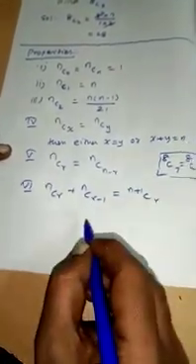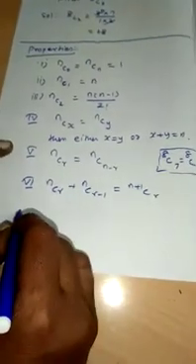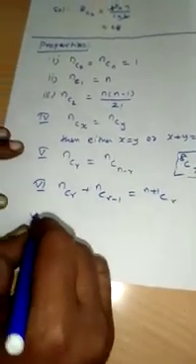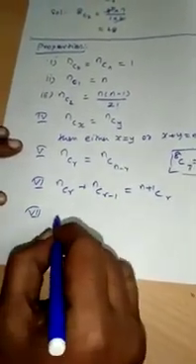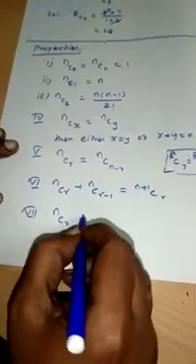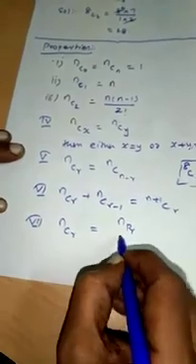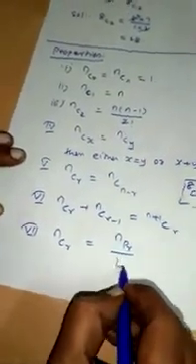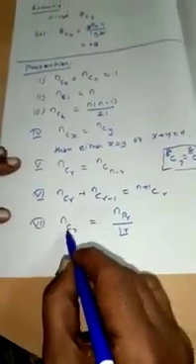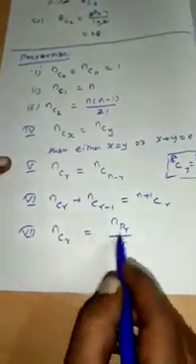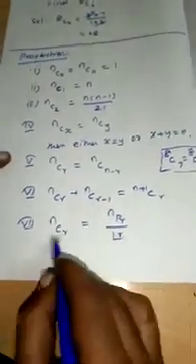This is also used in some problems. Seventh and last property, nCr is equal to nPr by r factorial. Both formulas are related by this property.